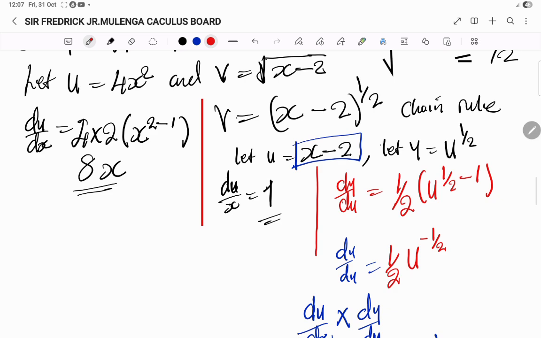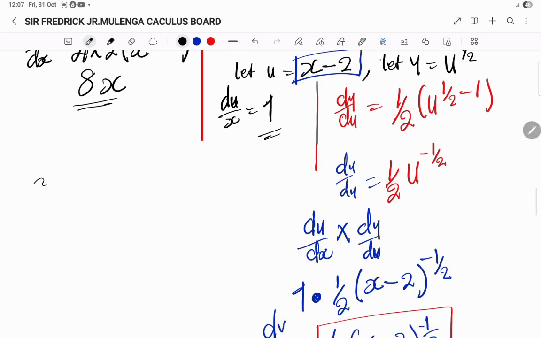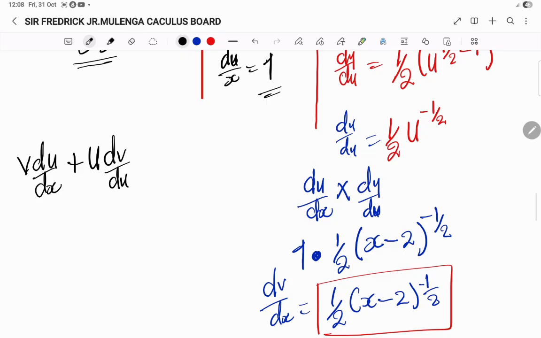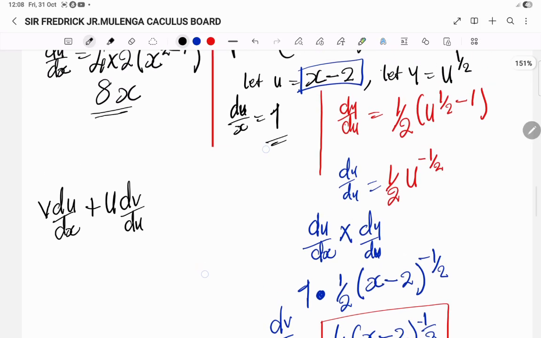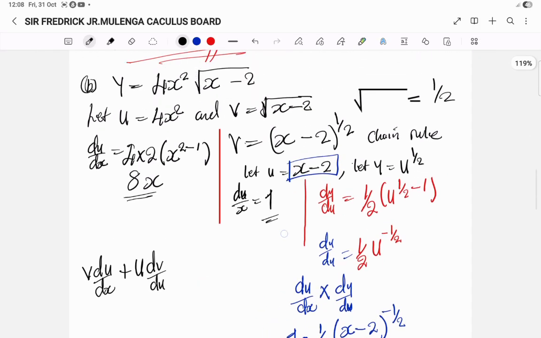Therefore it will be v differentiate u over dx, then plus I keep u differentiate dv du.